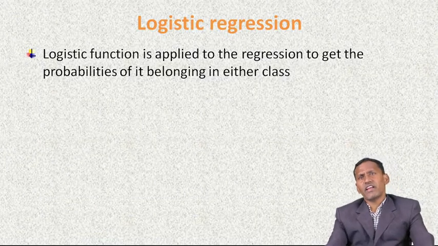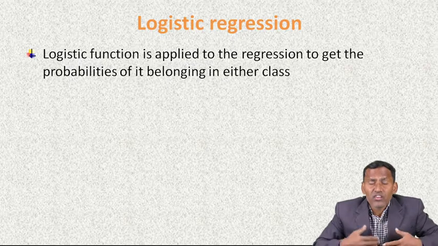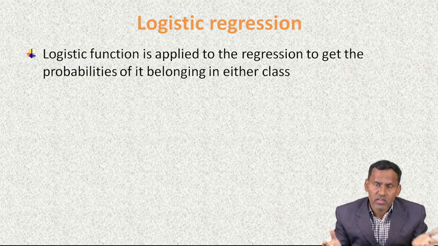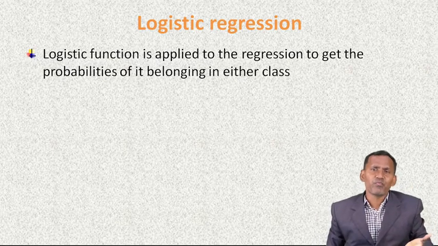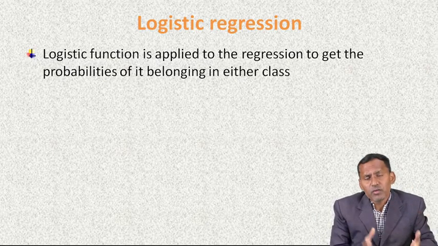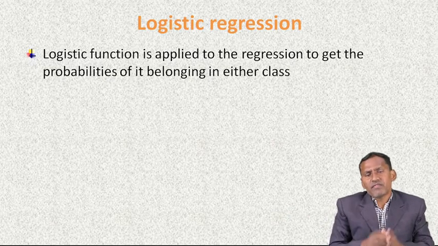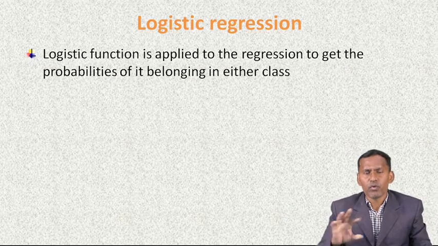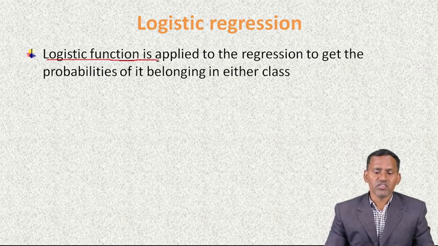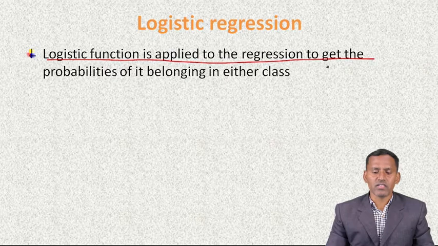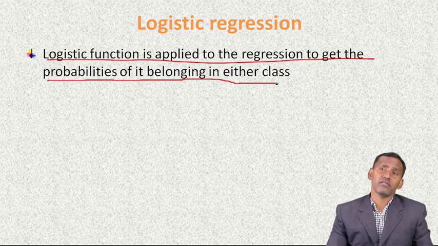The logistic function is applied to the regression to get the probability of belonging to either of the classes. After getting that continuous value, it must be fed into the sigmoid activation function. That function will convert it into an S-shaped curve.